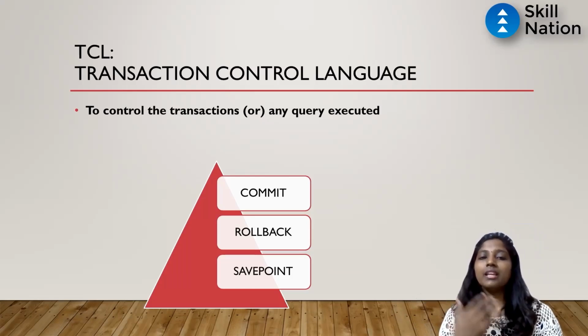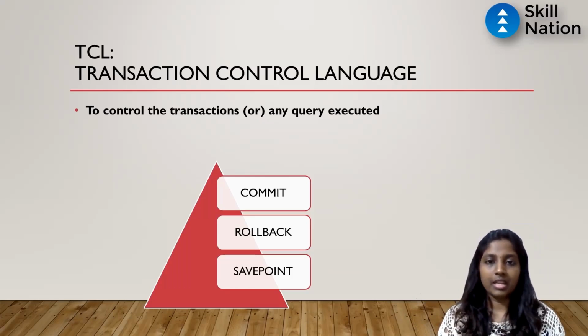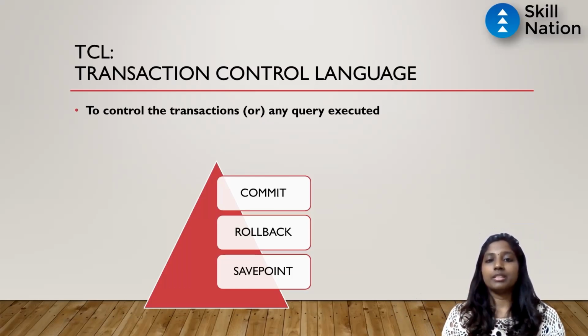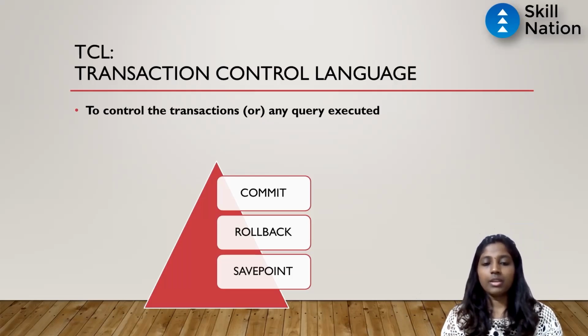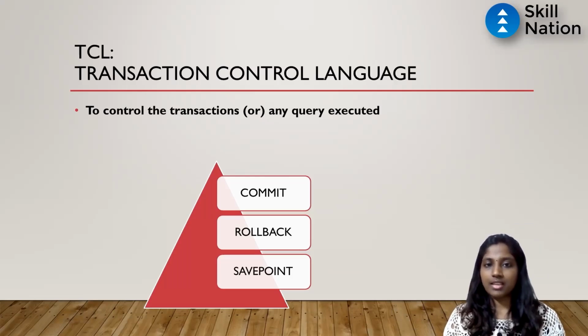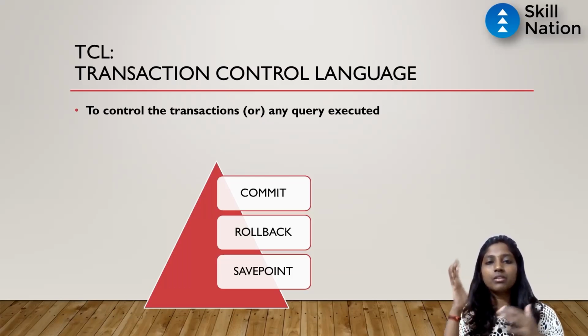So any kind of transaction which has been made inside a database, you have to commit it. Okay, you have to save it. Commit is nothing but saving the transaction. Rollback is undoing the transaction. And savepoint comes in the coding.